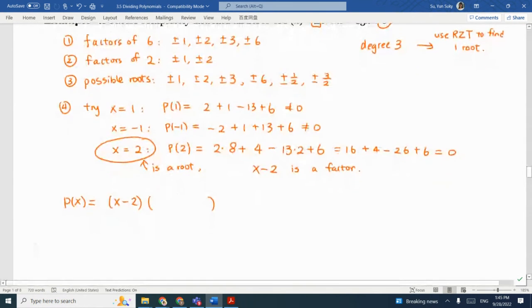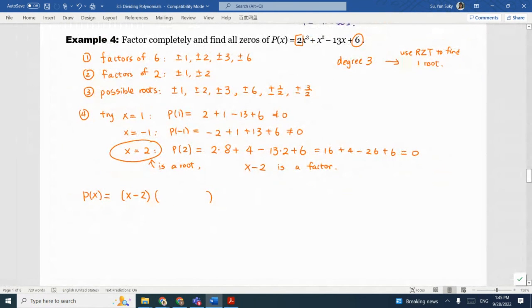So after we find one root, then use long division or synthetic division. In this case, x minus 2 is a good number, so synthetic division is easier. Do you agree, everybody?